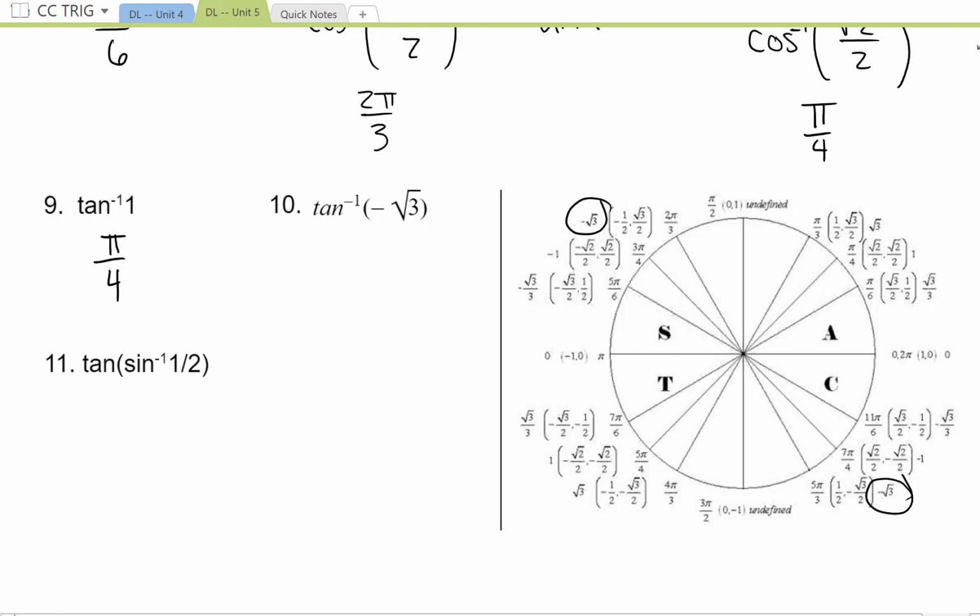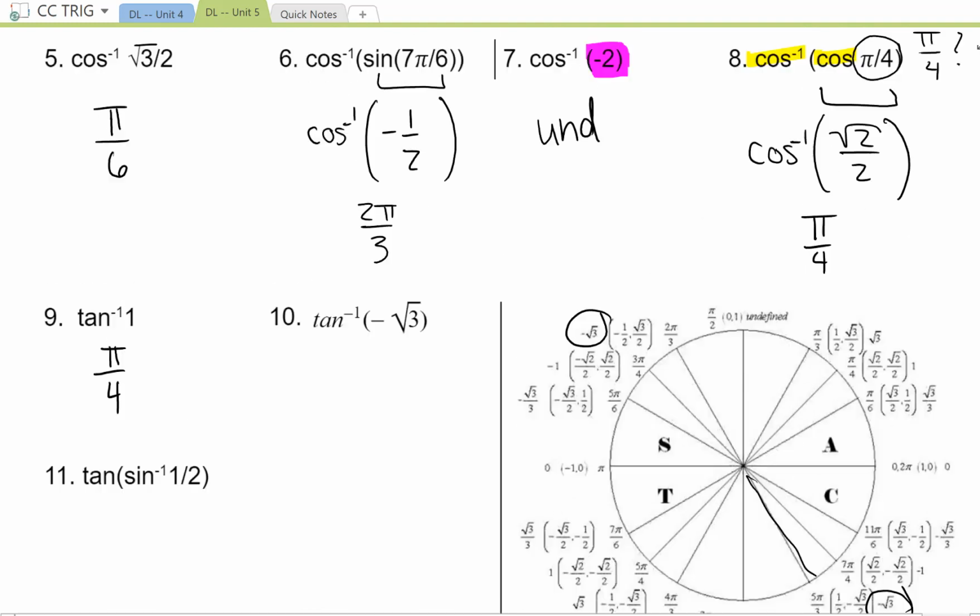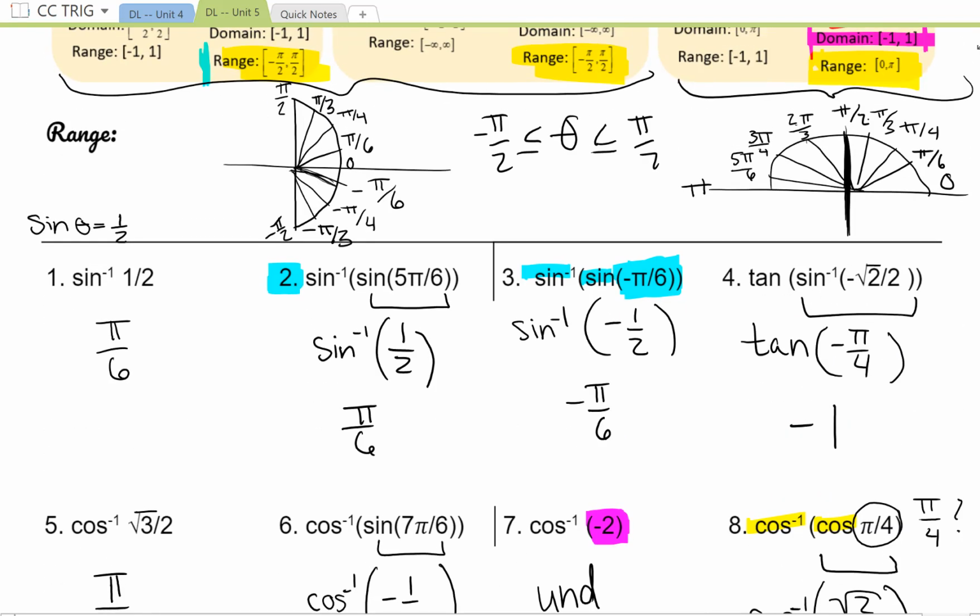Those angles by those names are technically not in the range of tangent inverse. But one of them is in the area. We just need to call it by a name of an angle coterminal to it that is in the restrictions of tangent. So 5 pi thirds, how do we call that? -pi thirds.